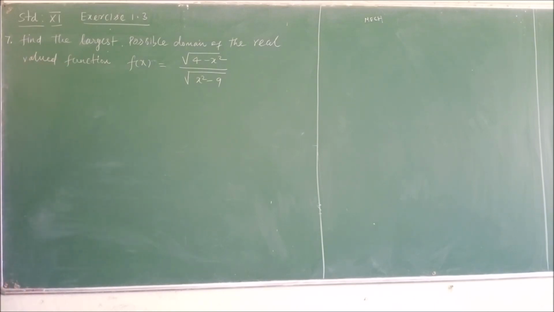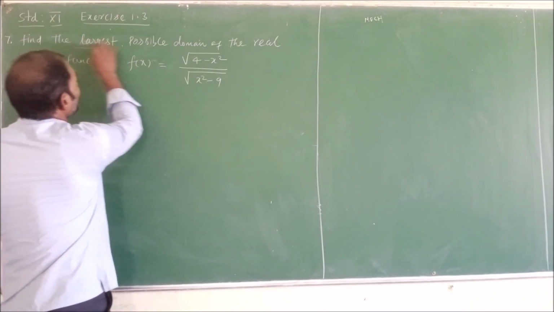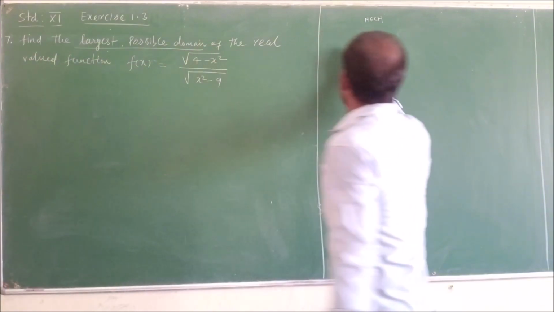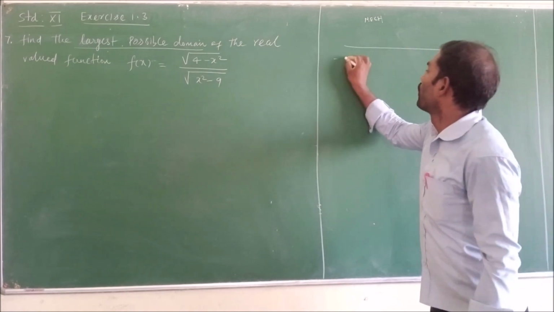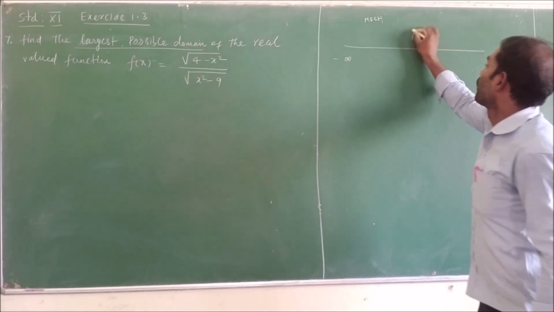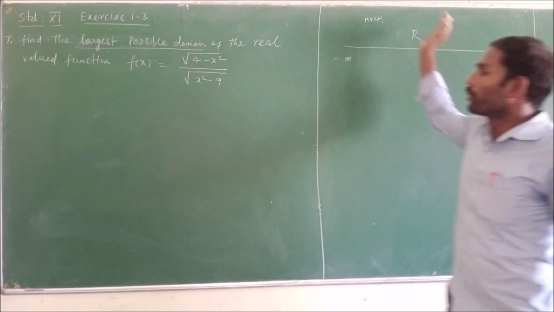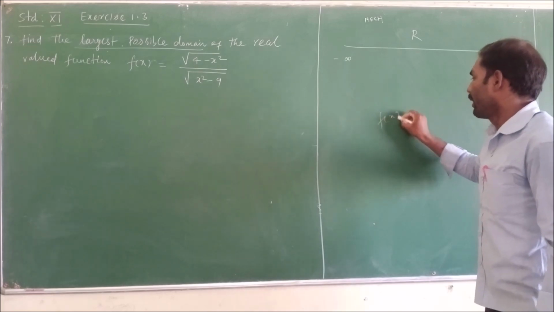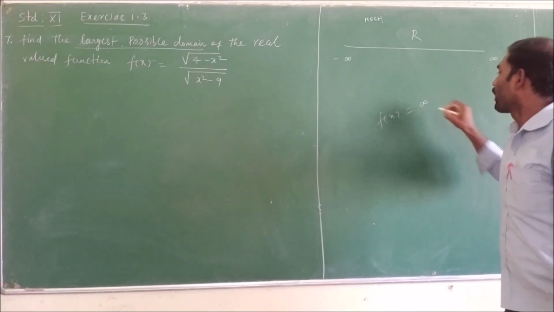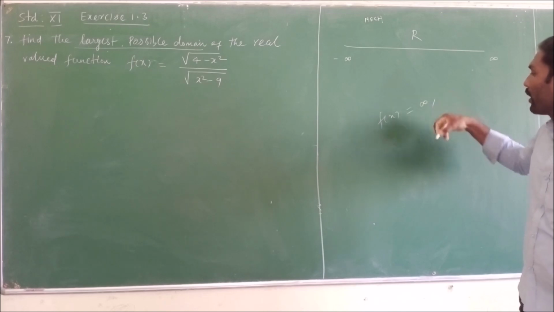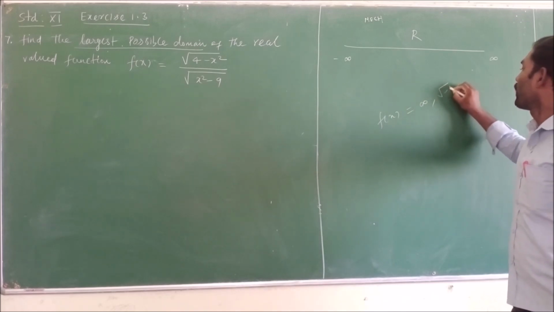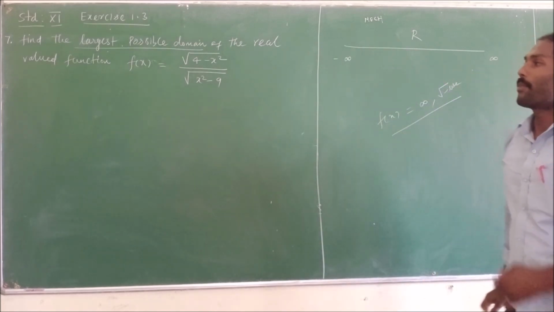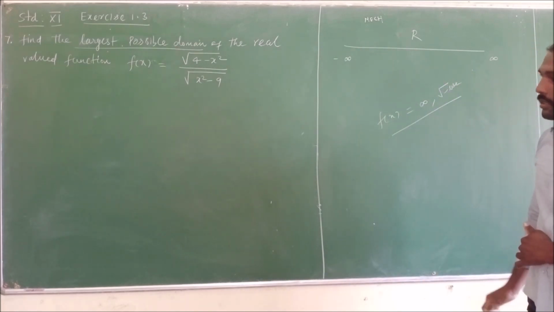The largest possible domain means that, on the real line from minus infinity to plus infinity, f of x cannot attain infinity or the root of a negative value. It is called the largest possible domain of a real valued function. Clear?